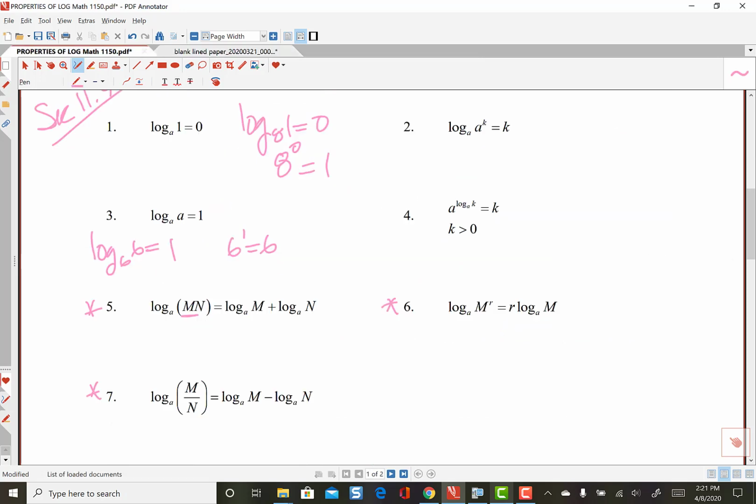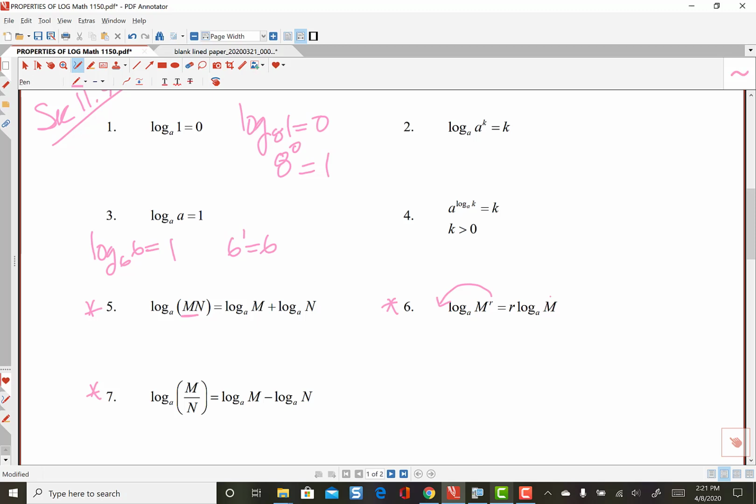Same idea. This one here, I know my superscript is very tiny here, but here what I've got is I have log base a of m to the r power. This is a power. We're going to bring it out in front of the logarithm. So it's going to come right out here, so that these are going to be multiplying.